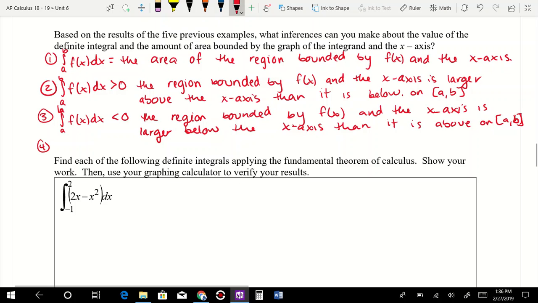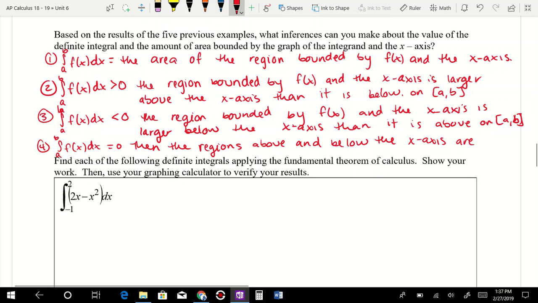And the fourth statement that we can make is if the definite integral from a to b of f of x dx is equal to 0, then the regions above and below the x-axis are congruent.